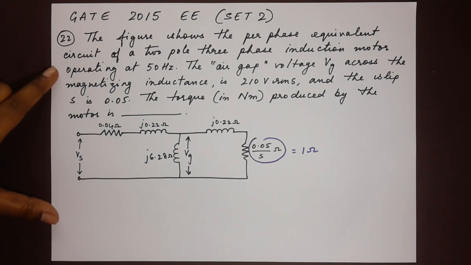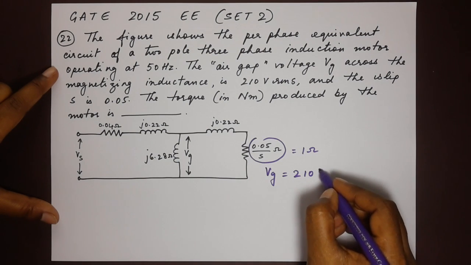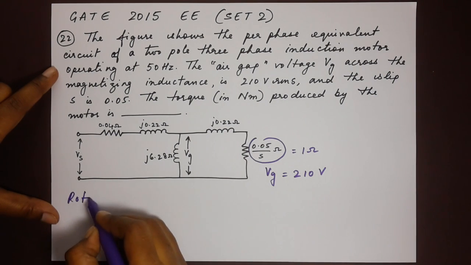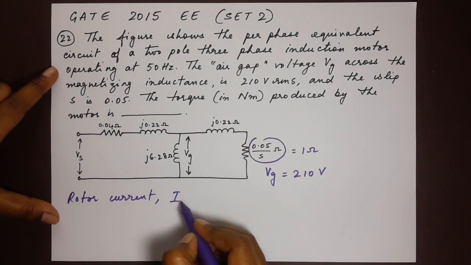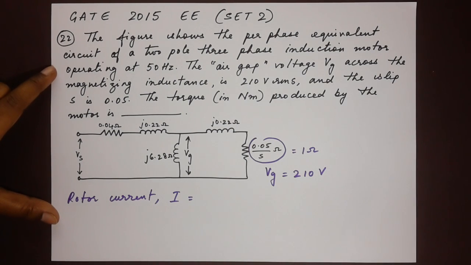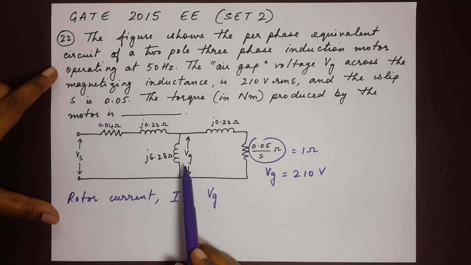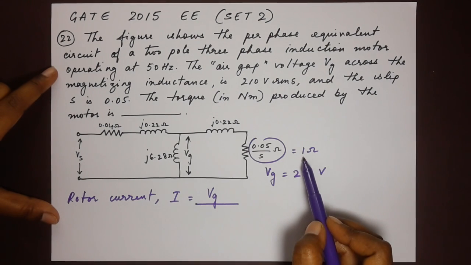Now we have Vg as well. Vg is given as 210 volts. Let's find out what the rotor current is. Rotor current I would equal Vg, that's the voltage of the air gap here, divided by, what do we have here?